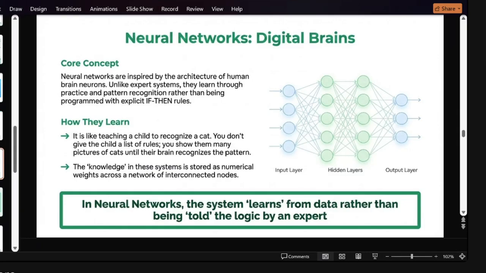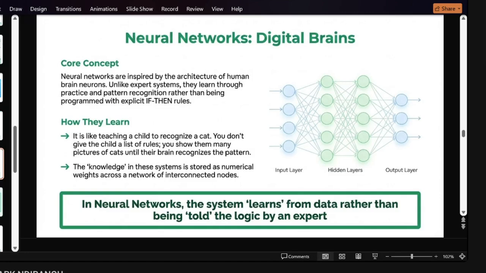For how they learn, it's like teaching a child to recognize a cat. You don't give them a list of descriptions about a cat over and over again. You just show them many pictures of cats until their brain recognizes the pattern and can now think on its own. The knowledge in these systems is stored as numerical weights across a network of interconnected nodes. In neural networks, the system learns from data rather than being told the logic by an expert.